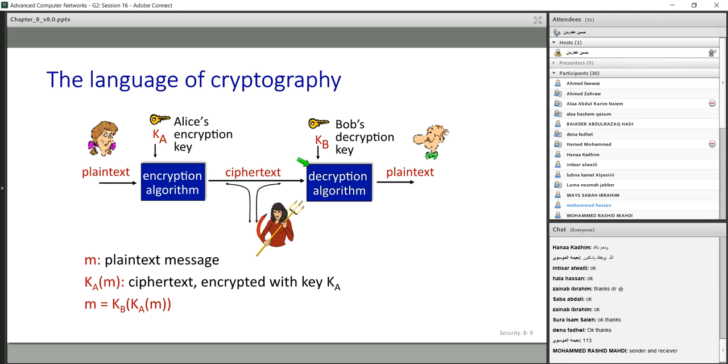This is the ciphertext. And on the other side, Bob will receive this ciphertext. Bob should decode or decrypt the received message with his key, K of B, key of Bob.